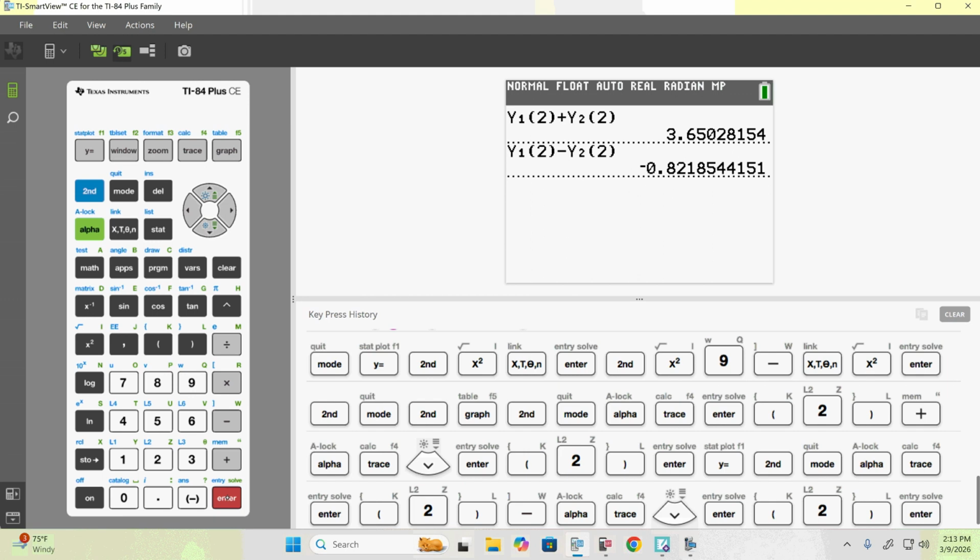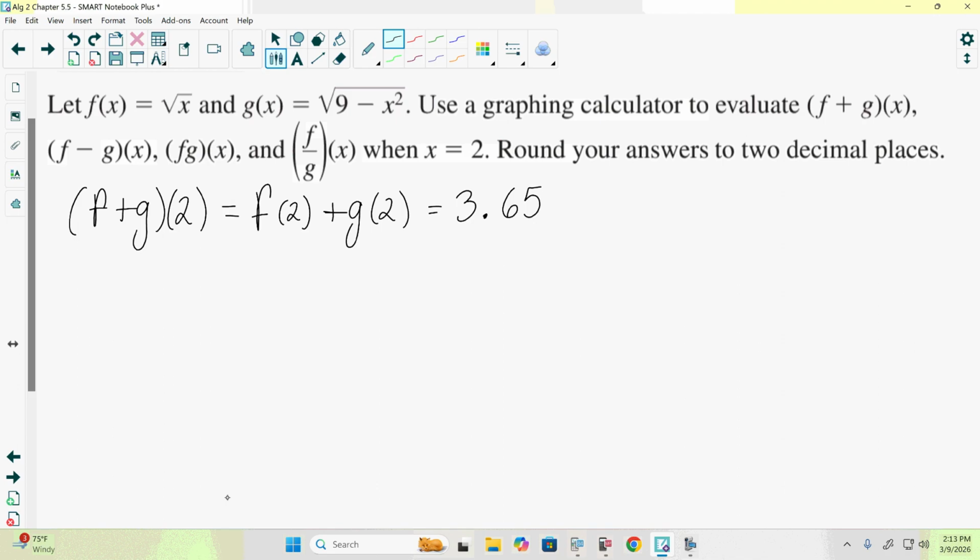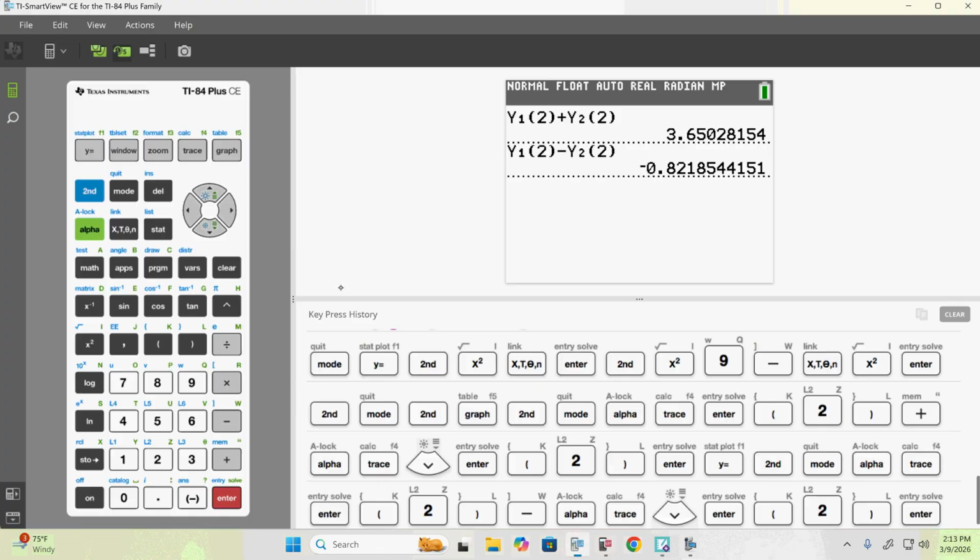Then it asks us to multiply next. Now we can do the exact same thing, alpha trace y1, plug our number in, and so on and so forth.